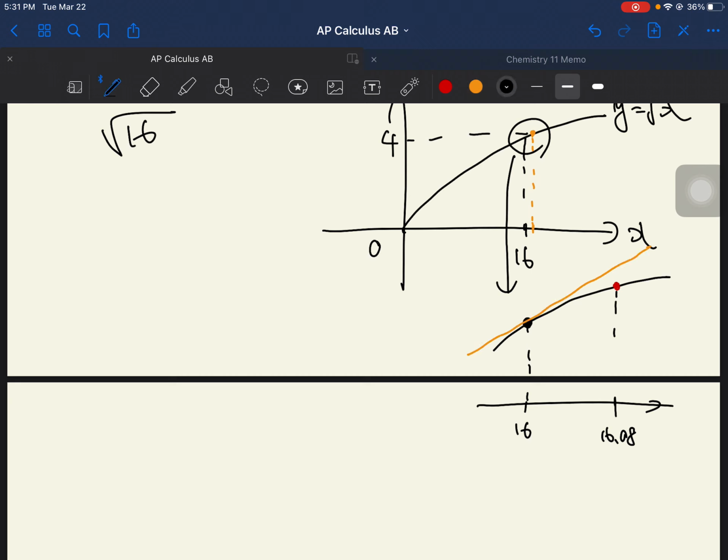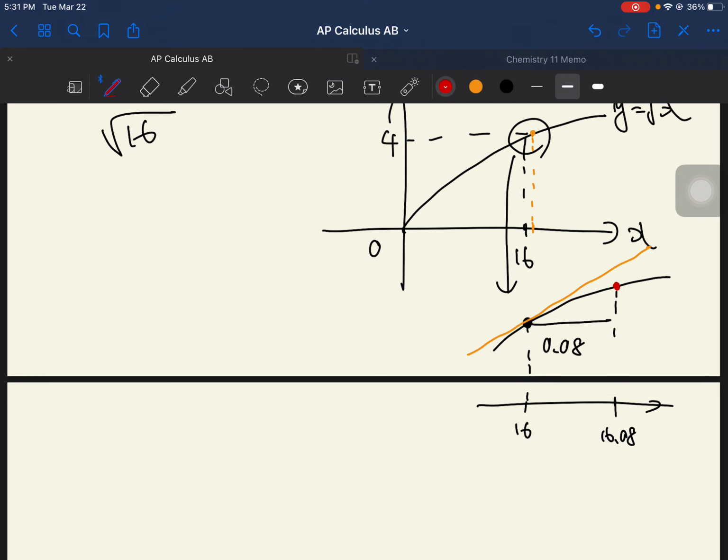Then using this slope, you know the value here, which is 0.08. So if you know the slope here, you can easily find this value from here to here, this value.